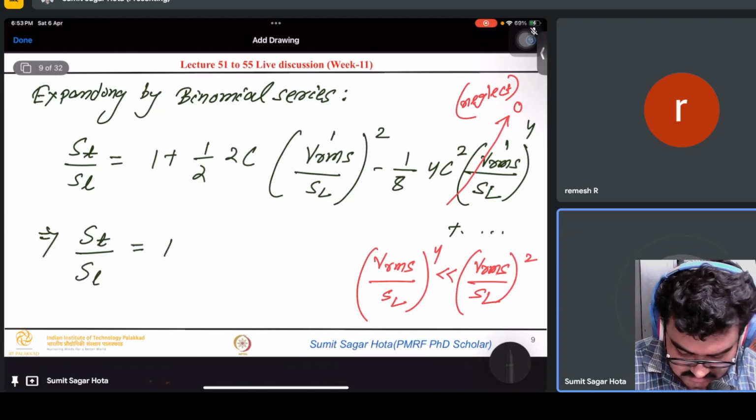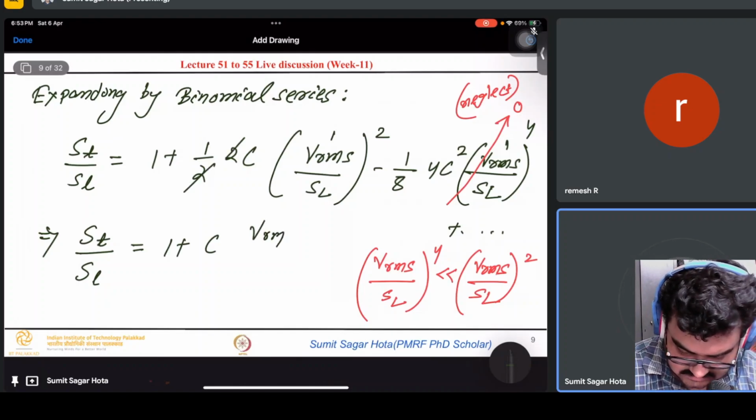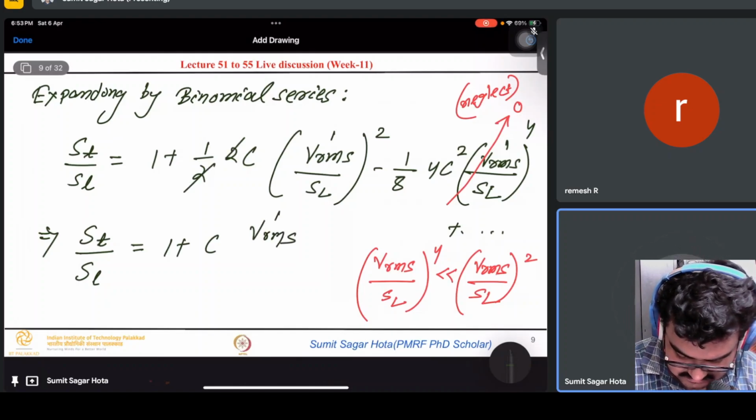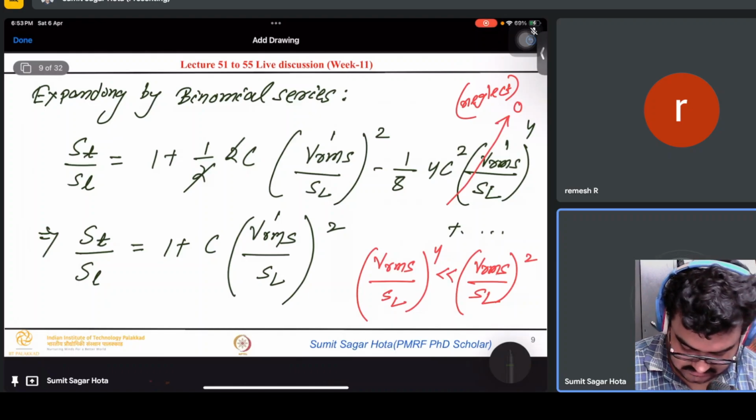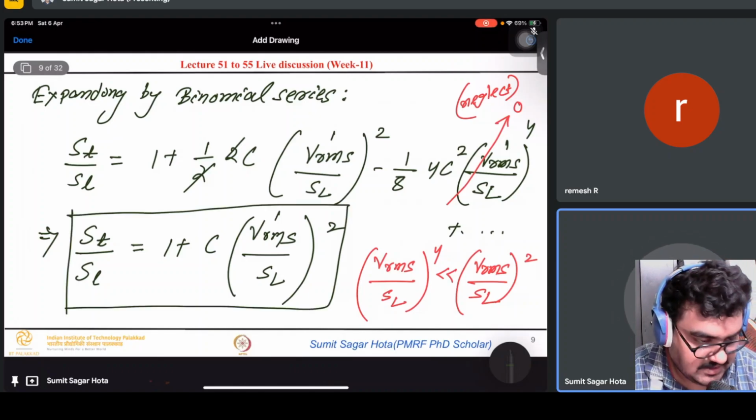S_T by S_L equals 1 plus C v_rms prime by S_L squared. So this expression relates the turbulent and laminar flame speed.